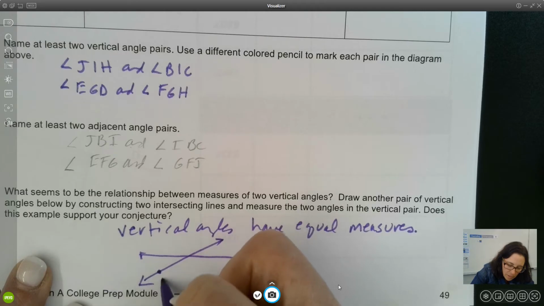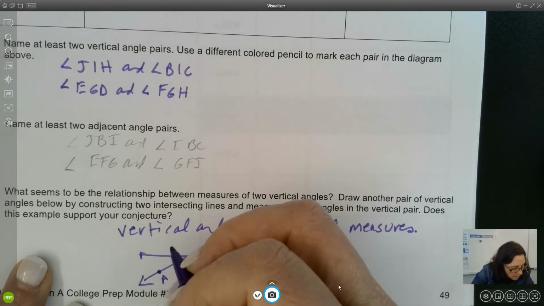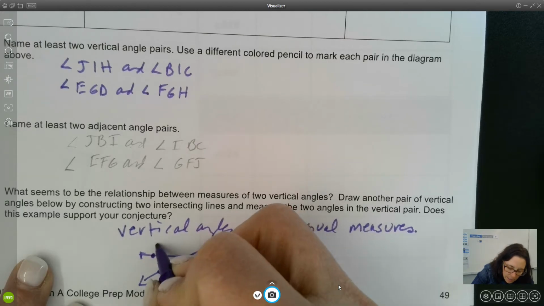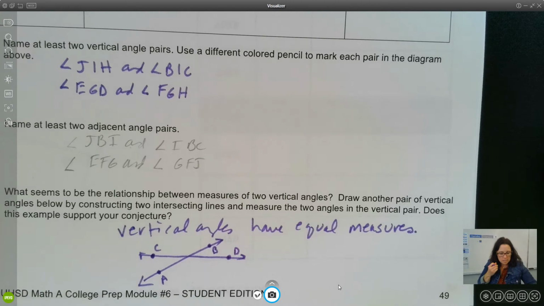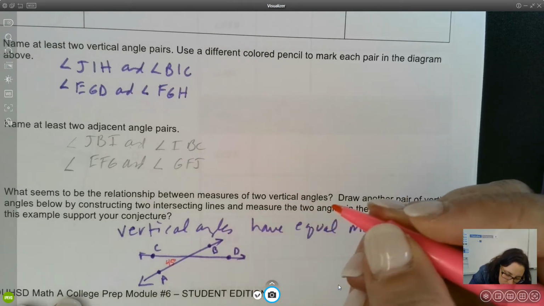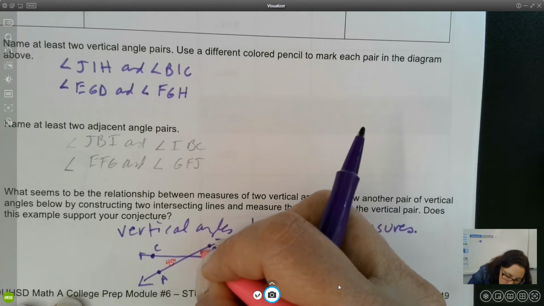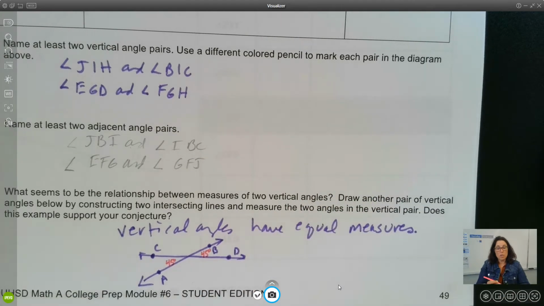So if I label this line A, B, and this line C, D, and I measure this angle and it's 45 degrees, the measure of this one is also 45 degrees. Those are vertical angles.